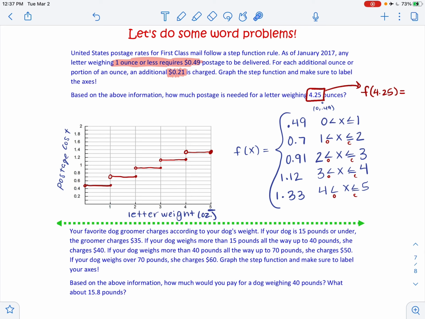Where would 4.25 fit in this long list of inequalities? Well, 4.25 is greater than 4, but less than 5. So that would be the last row here. The answer is you would pay $1.33 for a letter weighing 4.25 ounces.